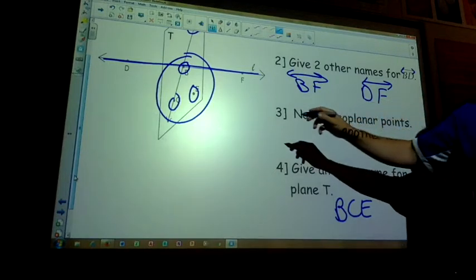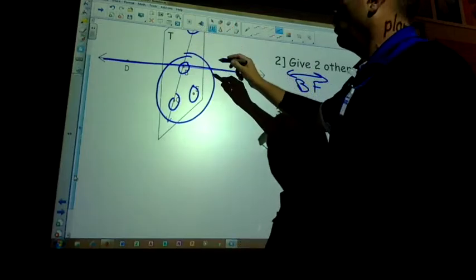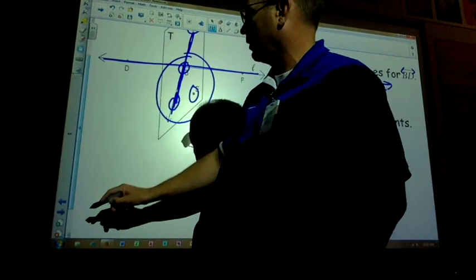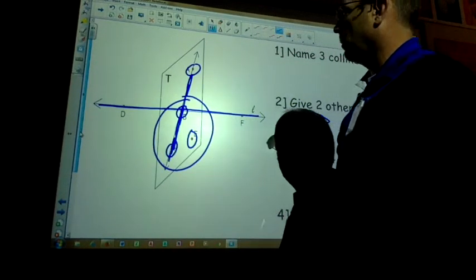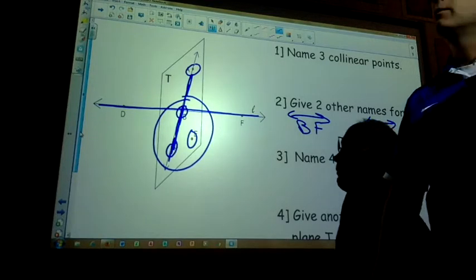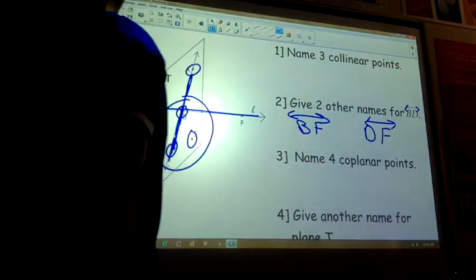Why can't I use that value up there with those letters? Because they create a line and they don't define the entire thing. Right. Think of something in the room that would make sense.